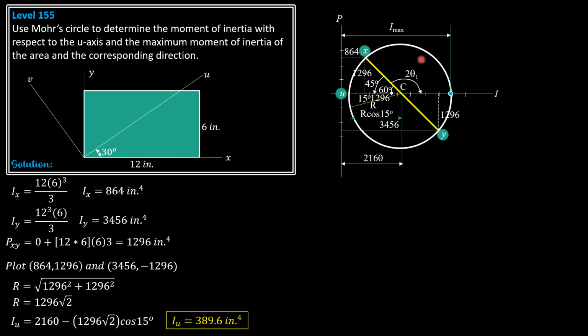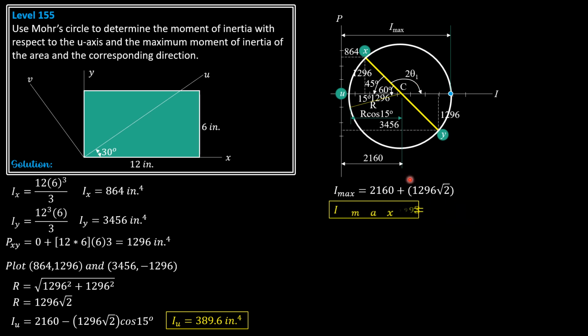Let's call this angle from the x-axis, clockwise towards the axis where we get the maximum moment of inertia, 2 theta 1. And 2 theta 1 is simply 180 degrees minus 45 degrees, that angle there. So I max is equal to the center coordinate 2160 plus the radius. Sorry if I mentioned minus. It is plus because from the center we move to the right.